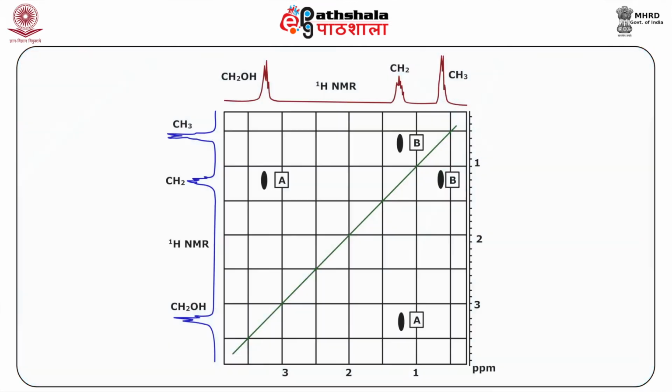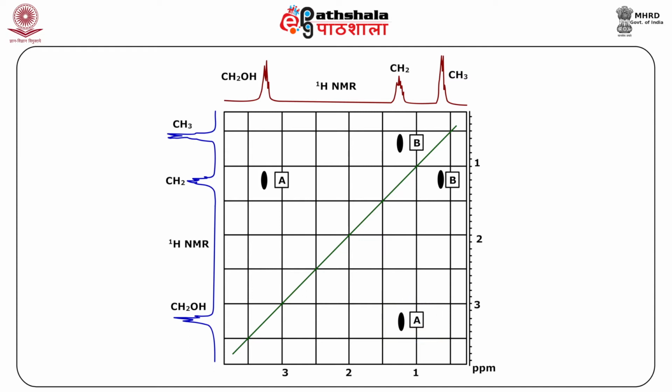For example, in the COSY of 1-propanol, as you can see here, the peak marked A indicates a coupling interaction between the hydrogen at 1.5 ppm and the hydrogen at 3.6 ppm.